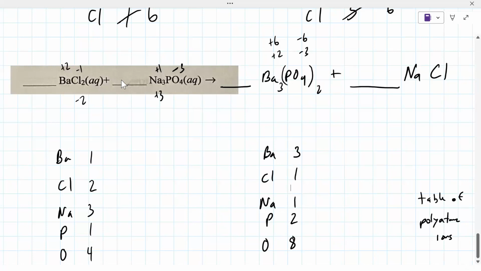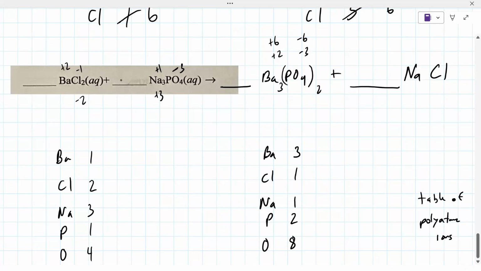So then you have to multiply the Ba on the right to get three. But then you'd have to multiply chloride on the right to be two, and so then barium on the left to be three.